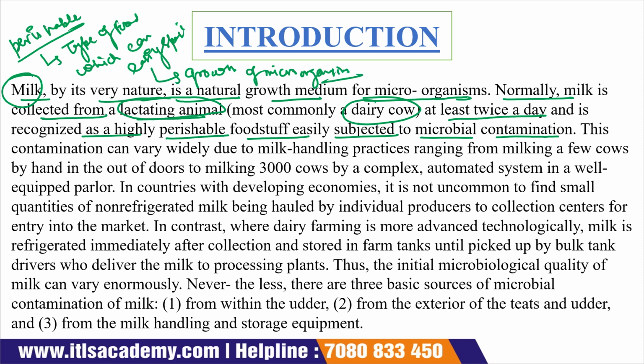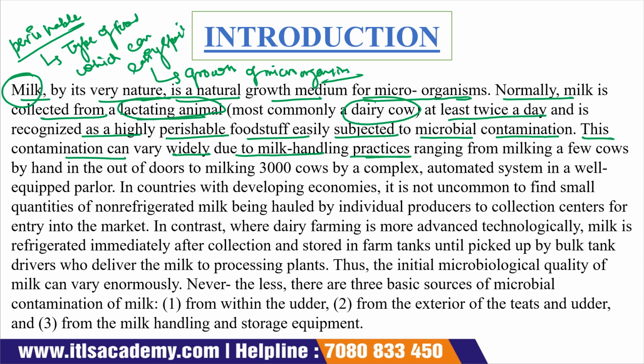So this is a perishable food and it can easily be subjected to microbial contamination. This contamination can vary widely due to milk handling practices, because different handling practices are applied.